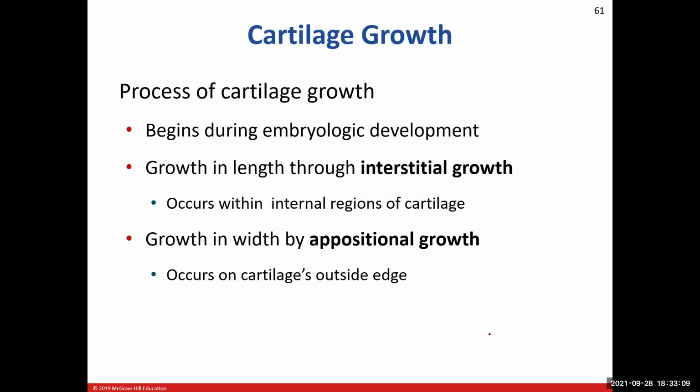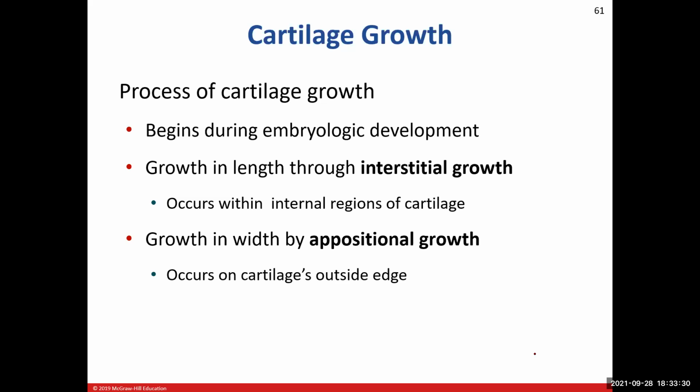So we're going to get into that. First, we need to talk about cartilage growth. This is going to occur early on in your development, within the first couple of months.